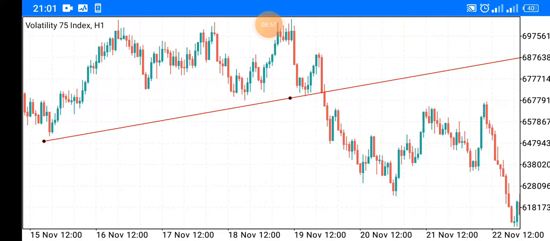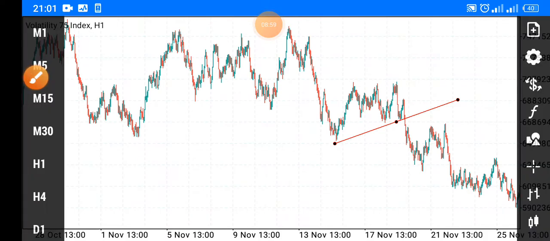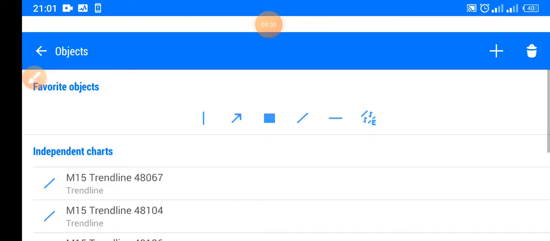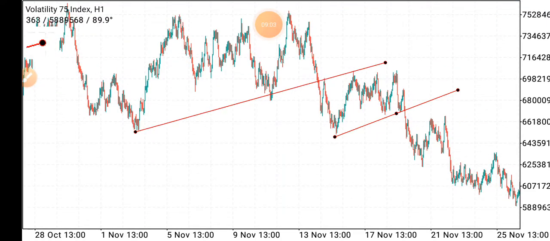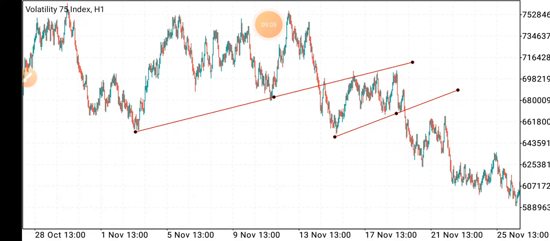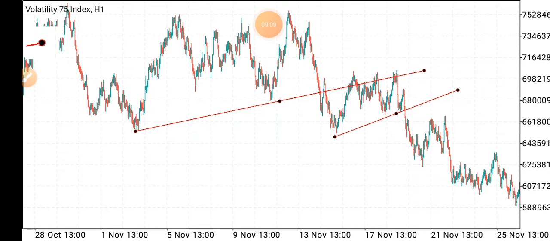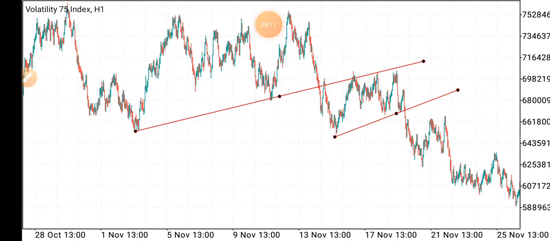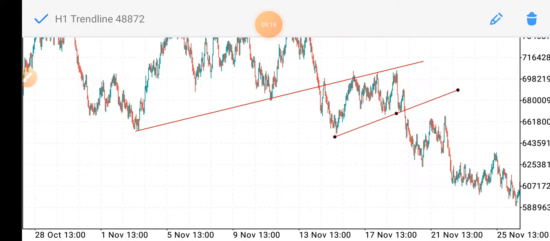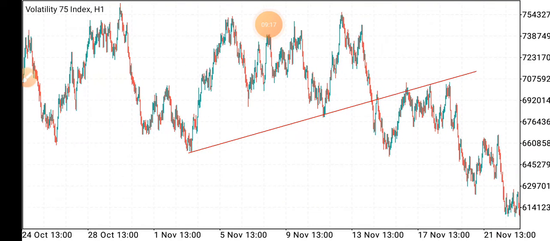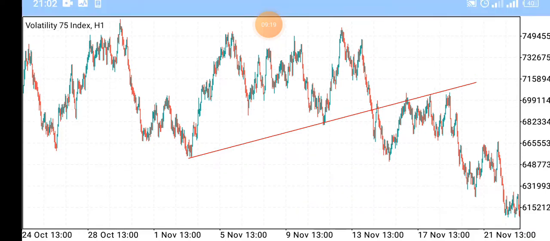Okay, so let's see if we can spot other examples. Let's see if we would have gotten our entry or not. Right here, we are connecting these 2 points.